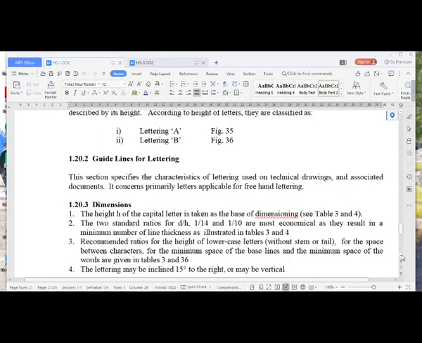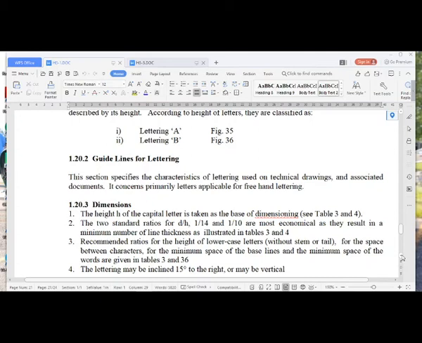There are some guidelines for lettering. As previously discussed some of the points, and some more enhanced, now we will discuss.